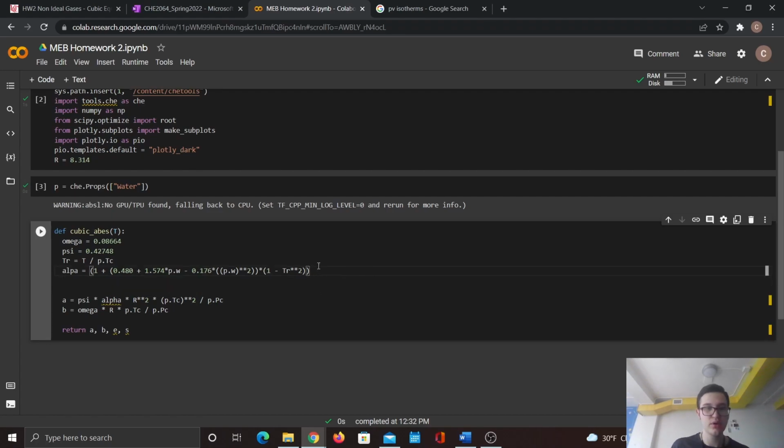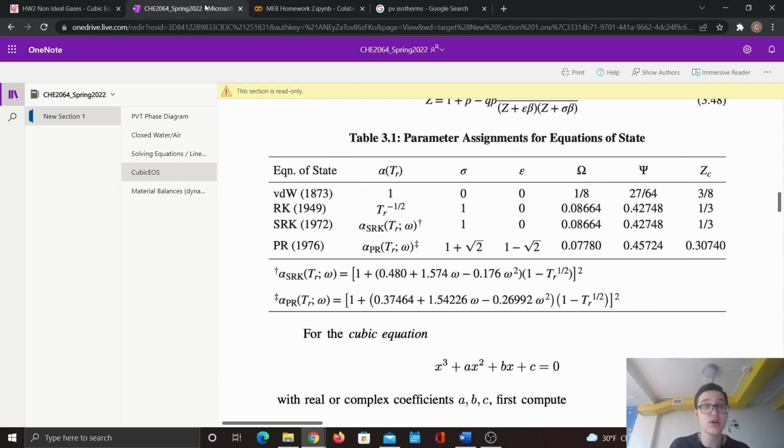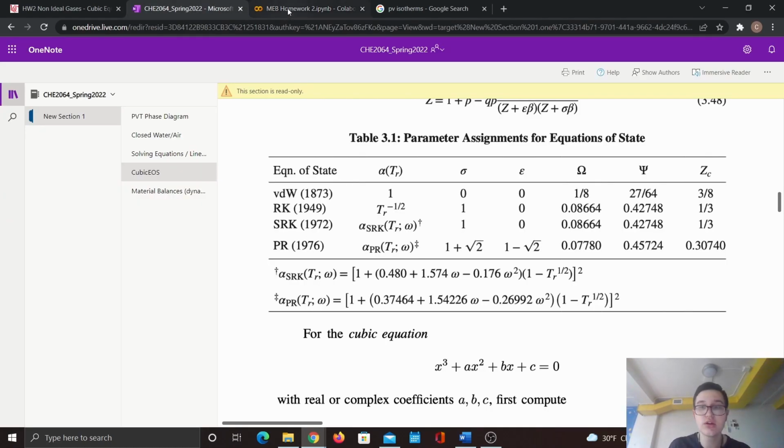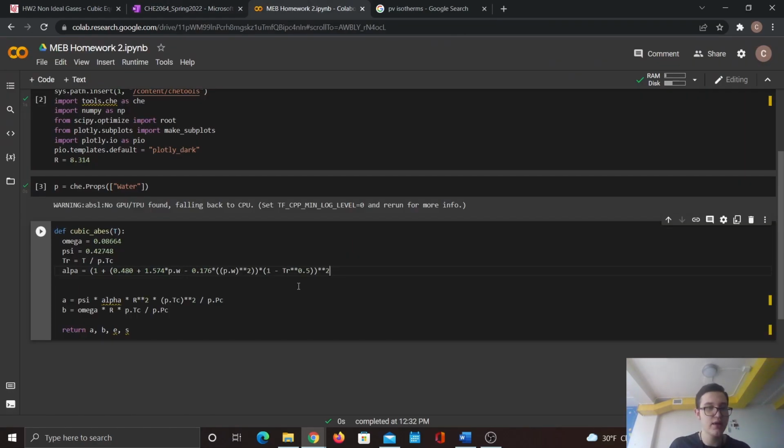Oh, and this shouldn't be 1/2. This should be 0.5. Yes, and then all of this squared. Yes. And there's a misspelling here. There. Now the yellow line underneath alpha goes away, meaning it's been equated.